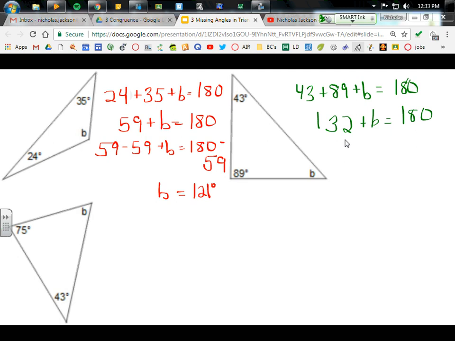We will subtract 132 from both sides, and I'm just going to show it like this because I'm running out of room. And that will give us that B equals 48 degrees.